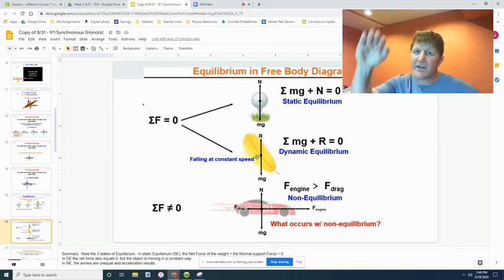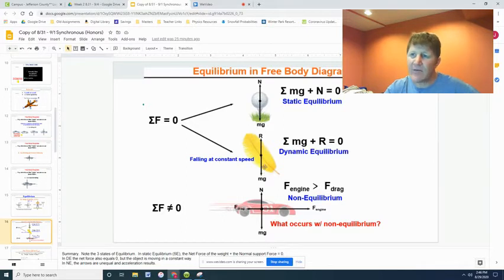It's going to fall at a constant rate. Because it's falling at a constant rate, that tells you that the air resistance up is exactly balancing the weight of the feather down. It's going to continue to fall down, but the forces cancel one another out, and the feather doesn't accelerate. It just falls at a constant velocity, and that's called dynamic equilibrium.